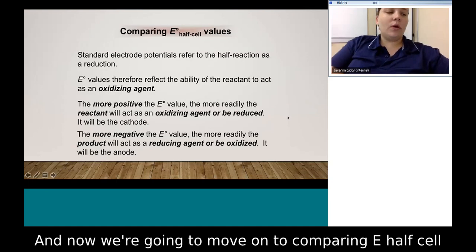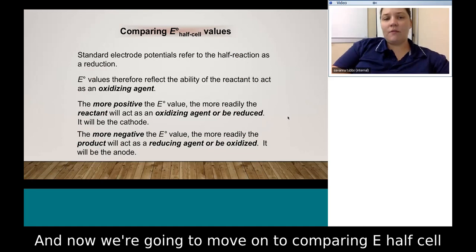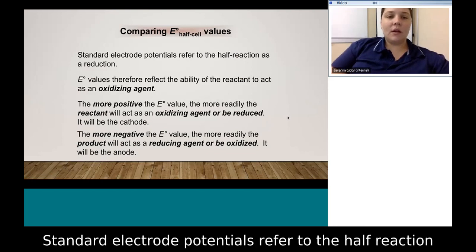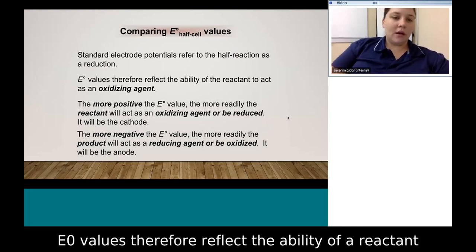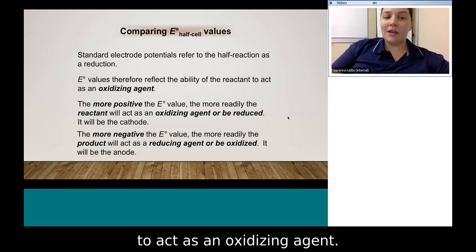And now we're going to move on to comparing each half cell values. Standard electrode potentials refer to the half reaction as a reduction. E0 values therefore reflect the ability of a reactant to act as an oxidizing agent.